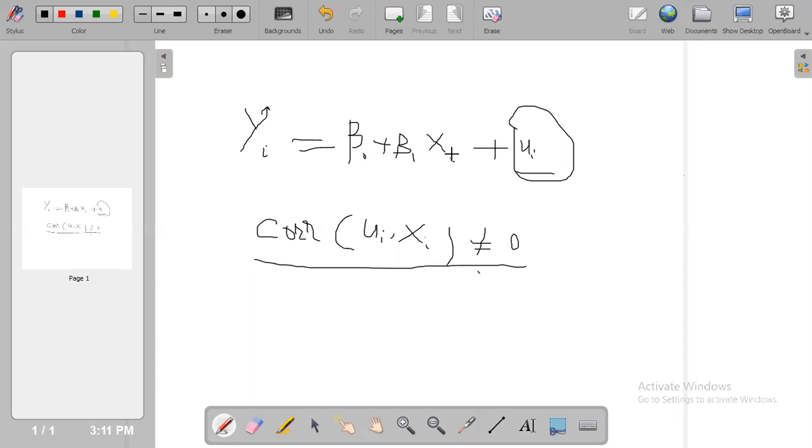So you can imagine that if we include one more X variable, like for example, if we say Y is equal to, let's say, beta naught plus, just leave it for the time being.